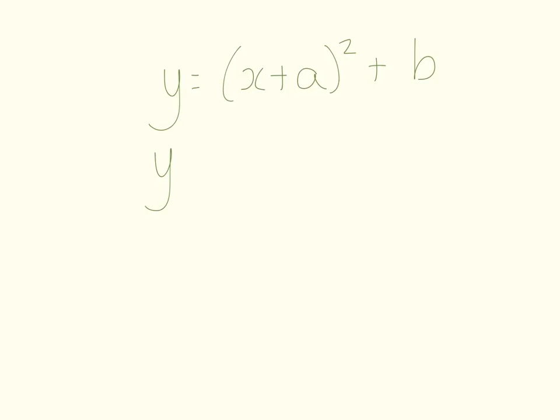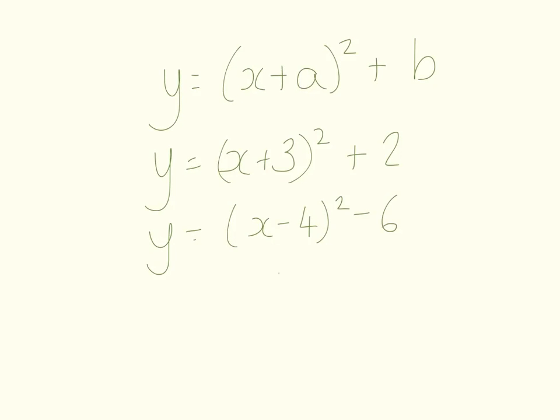For example, it could be y equals (x plus 3) squared plus 2, y equals (x minus 4) squared minus 6, and so on. So these values of a and b could be any number.